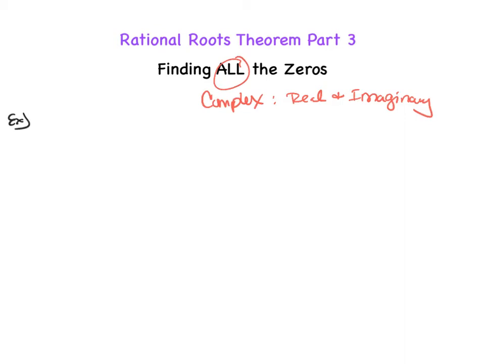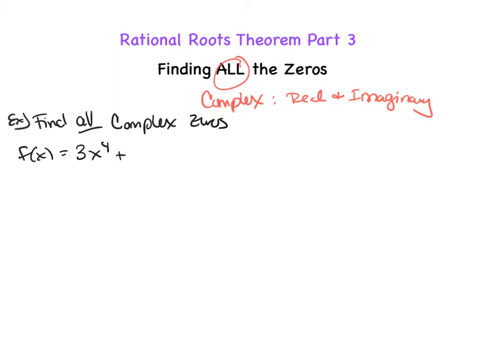Let's say we're going to find all of the complex zeros for f of x equals 3x to the fourth plus 5x cubed plus 25x squared plus 45x minus 18.